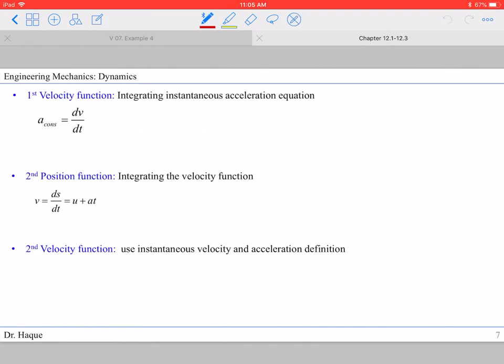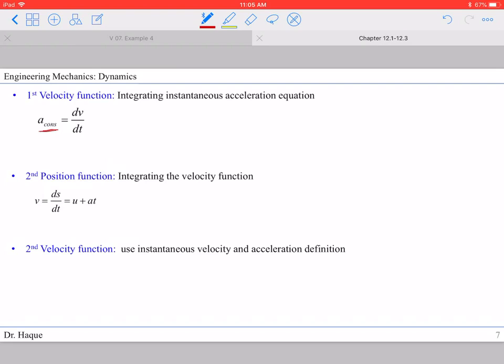First, velocity function. So we're going to derive a velocity function by integrating the acceleration equation. We assume that the acceleration is constant, so this doesn't change, and the instantaneous definition is dv over dt.